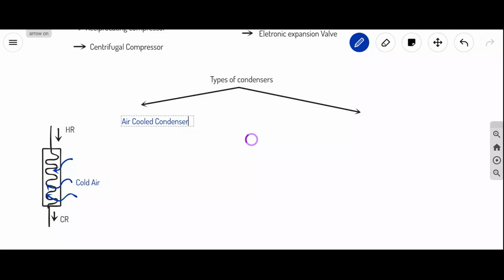Now, if I use an axial fan to throw the air forcefully, then it is called forced convection.